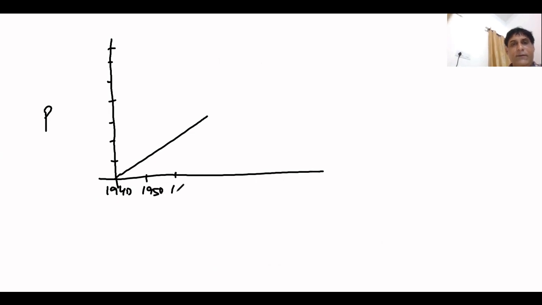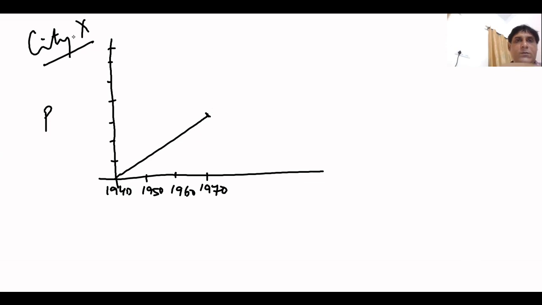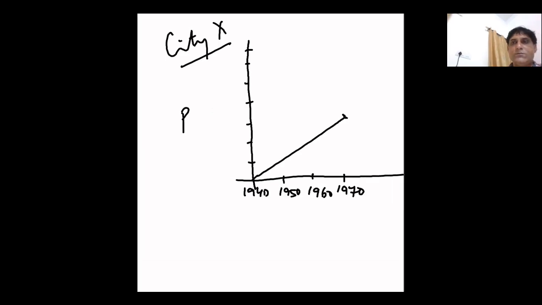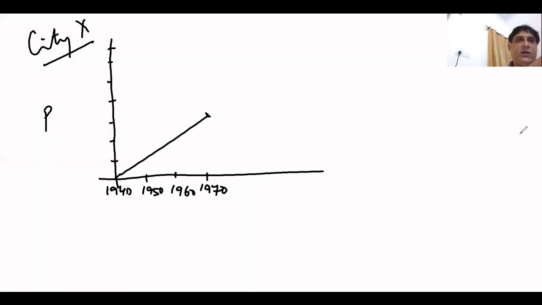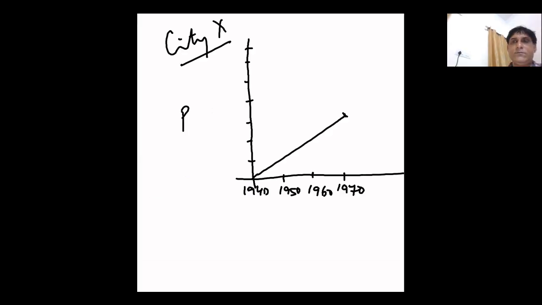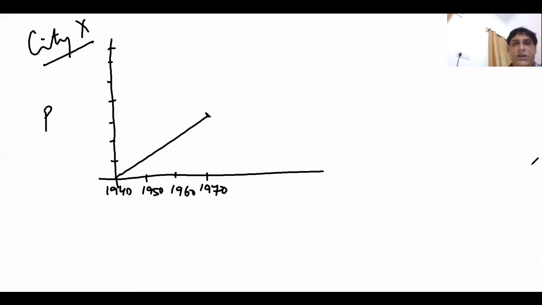this is the same graph. Suppose the population of city X in year 1970 was say 50,000, right?